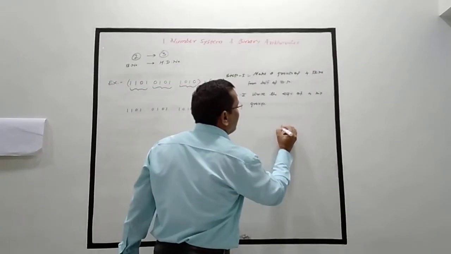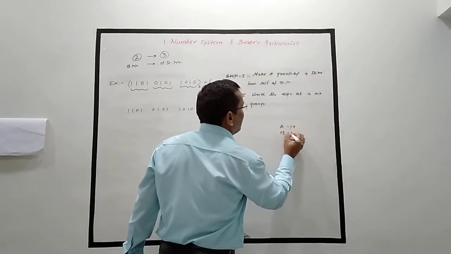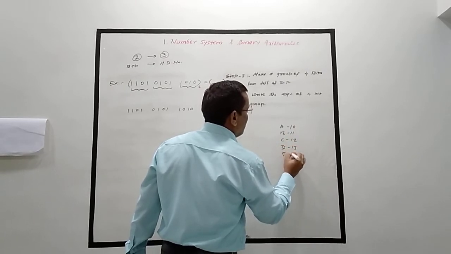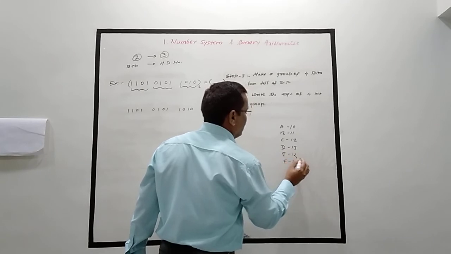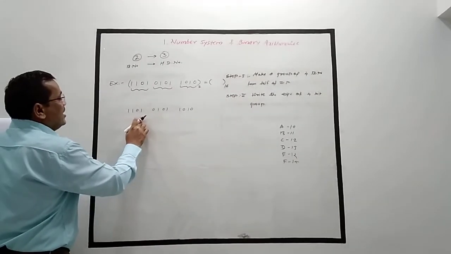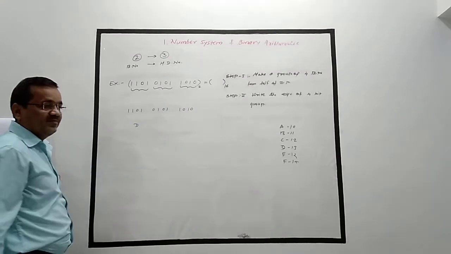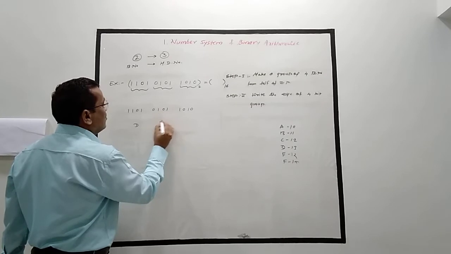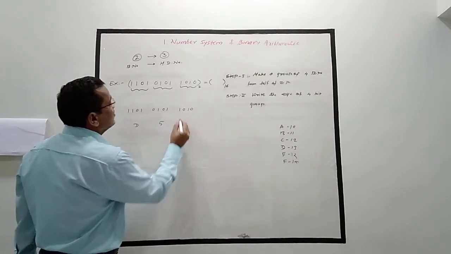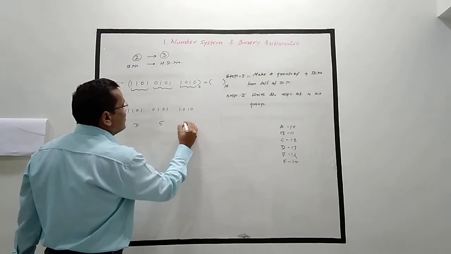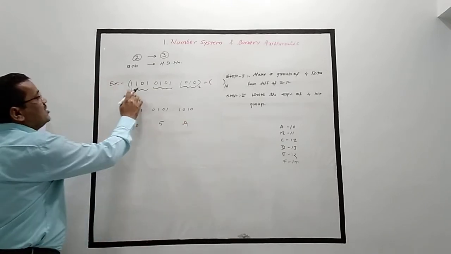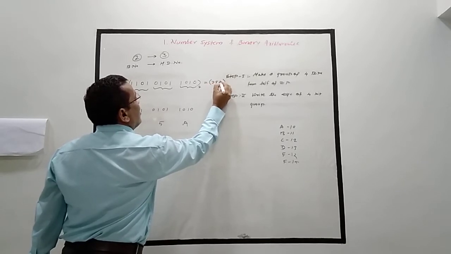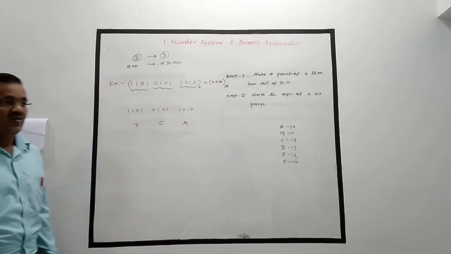See, A is 10, B 11, C 12, D 13, E 14 and F 15. So 13 stands for D. The next group is 5. And 10 means it is A. So this number is equivalent to D5A in hexadecimal.